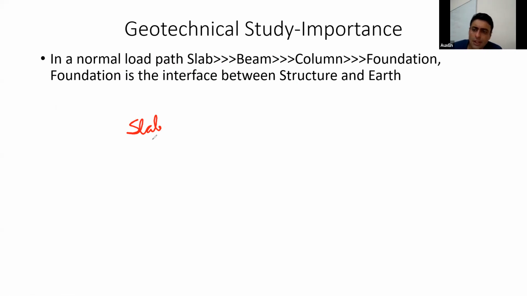So the first load transfer takes place at your slab level. From slab, the load goes to beam. We all know this. From beam, the loads go to columns. Here, in place of columns, there can be shear walls also, or load bearing walls, you know all these things.